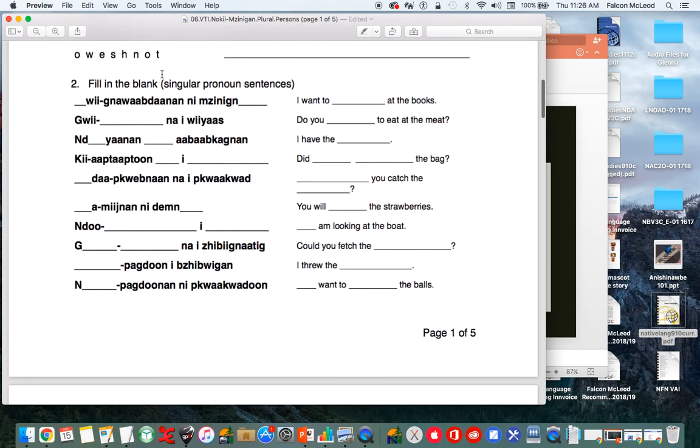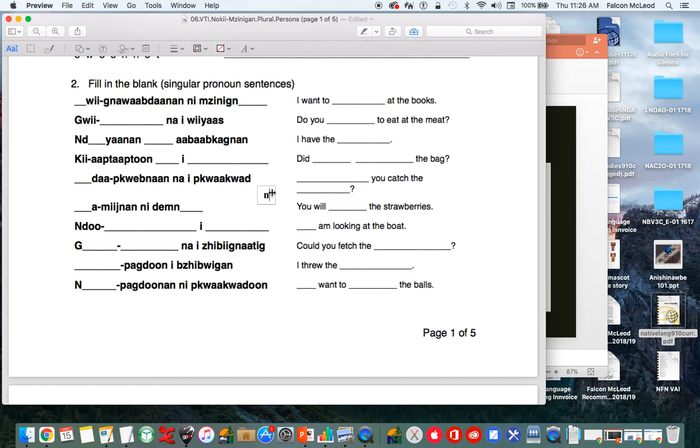Next one, fill in the blank. So these are singular pronoun sentences. So we need the Ojibwe here in English to match up. So this first part says, I want to. So to make it an I am sentence, we need an N sound in front. And I gotta do this the hard way here.